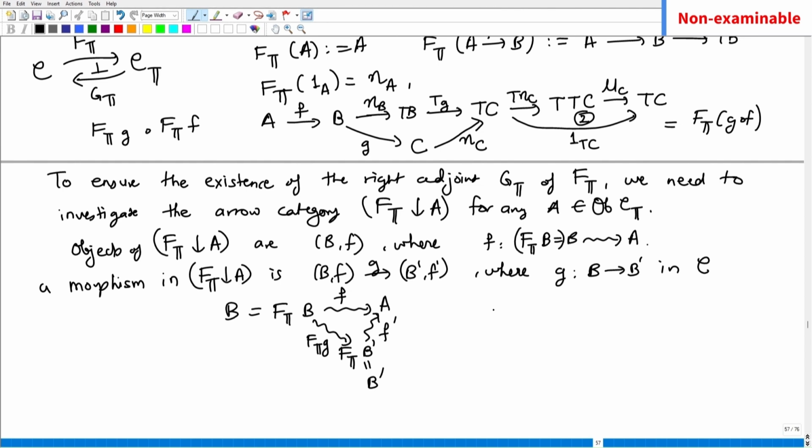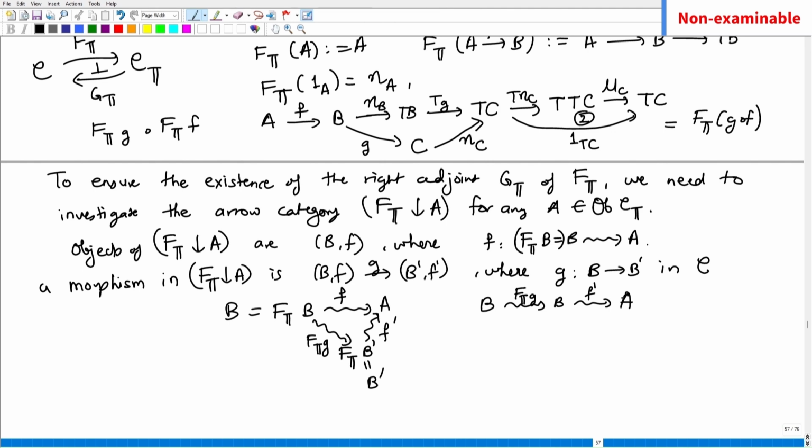So this is the wiggly morphism, so B to B prime, FT G, and F prime to A.